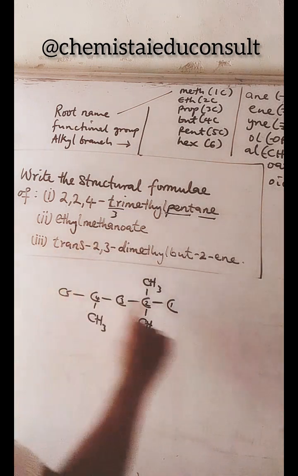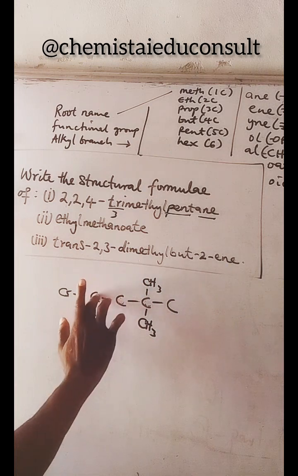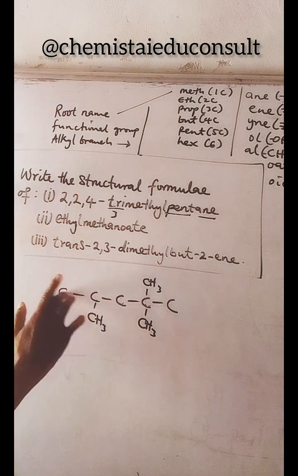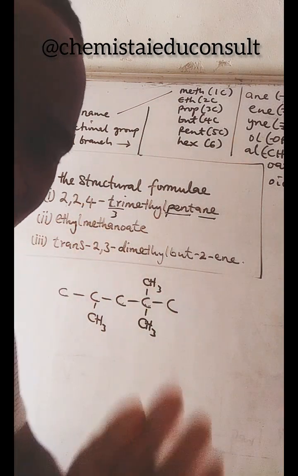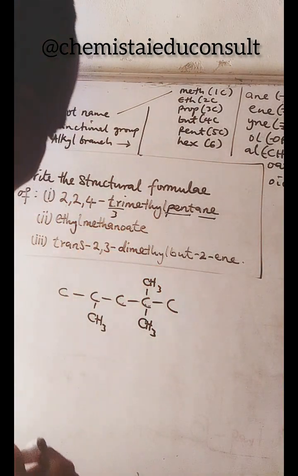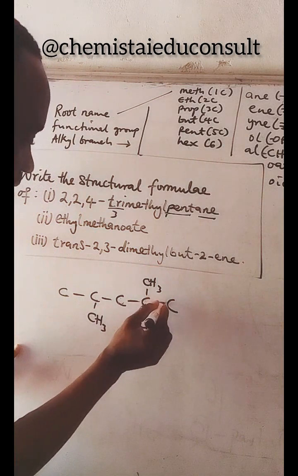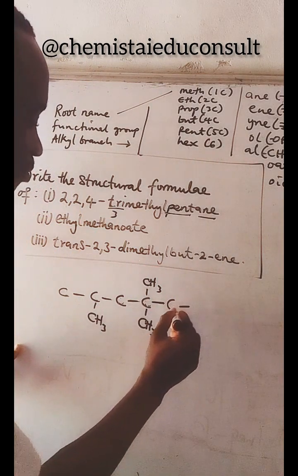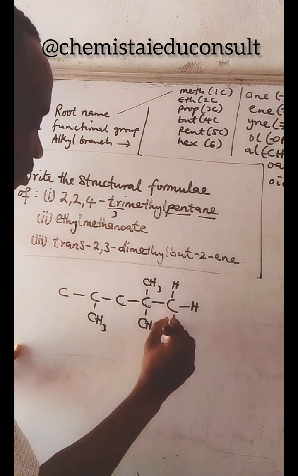2,2,4-trimethylpentane. Finally, you check each of these carbon atoms, how many bonds surround it. Every carbon atom must be tetravalent. It must have 4 bonds surrounding it. Carbon belongs to group 4. So we check this carbon. It has 1 bond surrounding it, so you add 3 more bonds, connecting them with hydrogen.